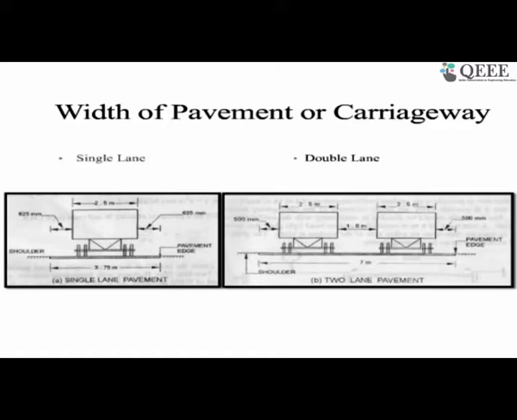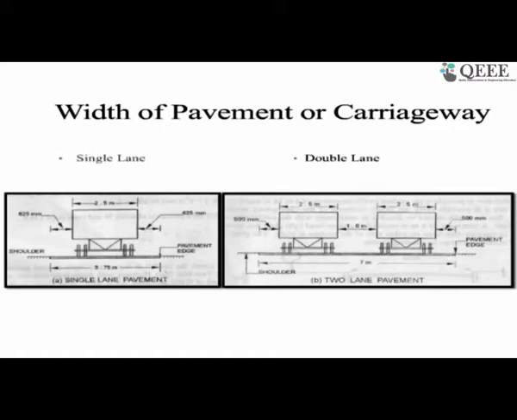If you add up all these things, it comes up to 7 meter, and that is the width we consider. For multi-lane, basically we consider multiples of a 3.5 meter lane. Whereas if it is a single lane, we provide a little bit more, and it comes to be 3.75 meter.